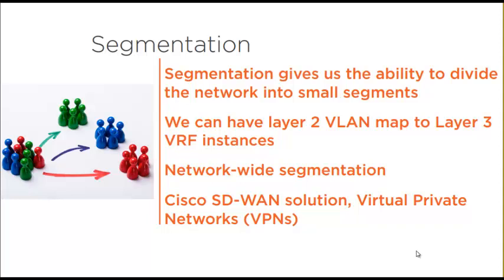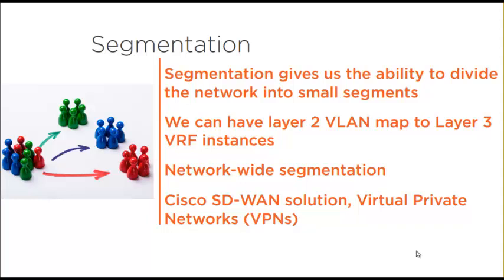Fine. So VLANs provide a logical separation in layer 2. VRF instances provide separation in layer 3. See, if you have done the layer 3 VPN service provider side, we used to map layer 2 VLANs into layer 3 VRF instances.